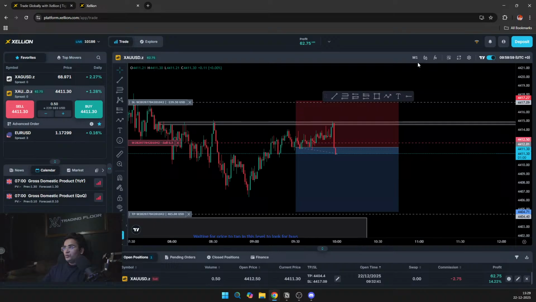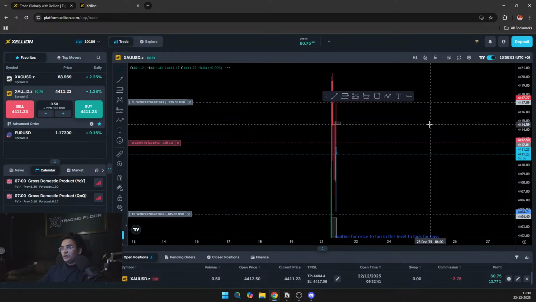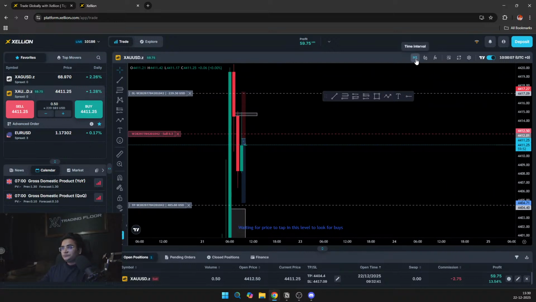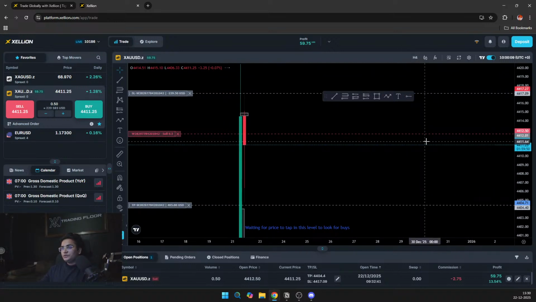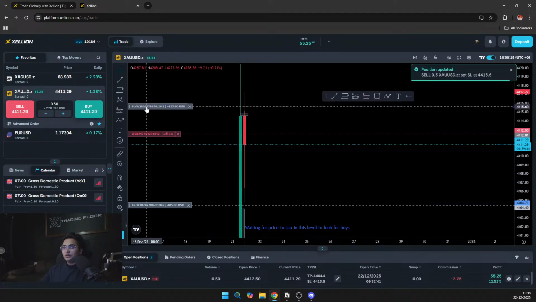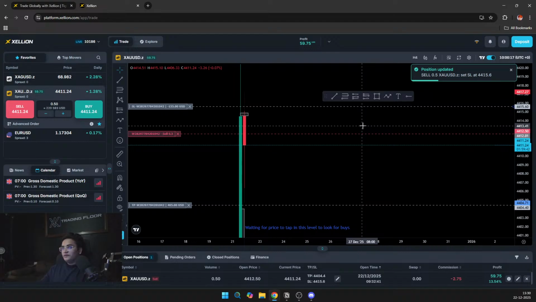We have a new 1 hour candle just opened up. Okay. And I think 4 hour is still okay, so I'm gonna move my SL here, on this close of the 4 hour.